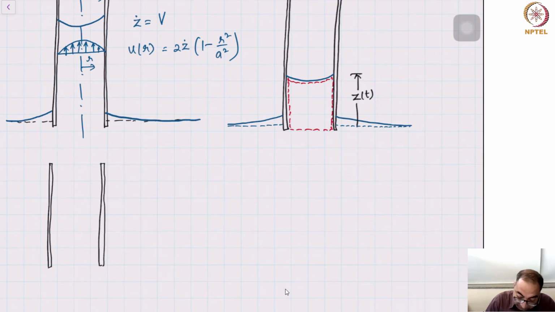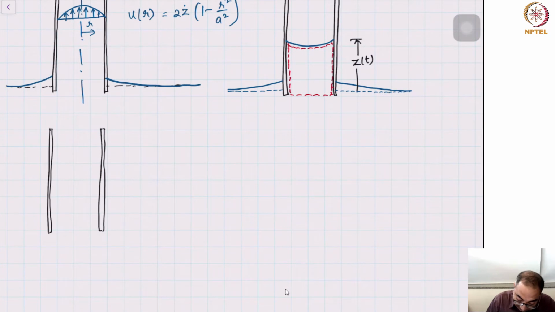In the entrance region of this column, the fluid is entering practically with a constant velocity. But after a certain distance it has traveled in the tube, it has reached a fully developed state.